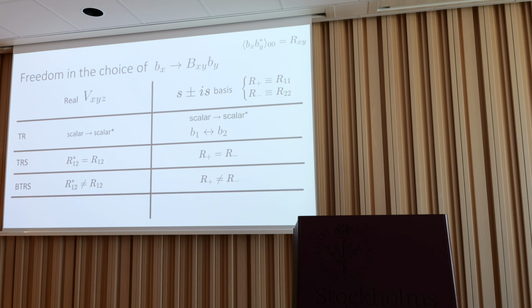Right, and then on the other hand, the time reversal symmetry is broken if this R12 is imaginary, so there is some phase difference which is not 0 or pi. In this representation, it means that there is a different number of S plus S and S minus S Cooper pairs.